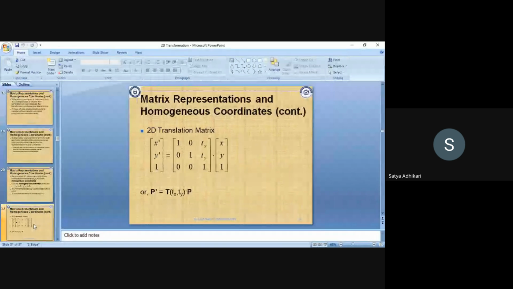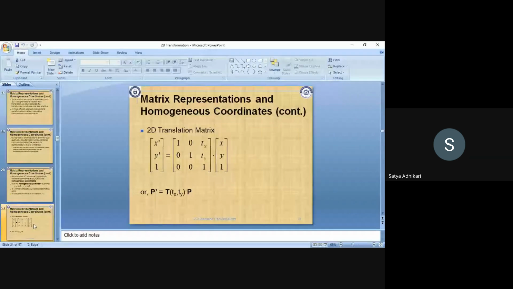But in this one, there is another form: x dash, y dash, 1 equals the matrix [1 0 tx; 0 1 ty; 0 0 1] times x, y, 1. If we multiply this matrix, you will get the same result. That is x dash equals 1 into x plus 0 into y plus tx into 1, so x dash equals x plus tx.